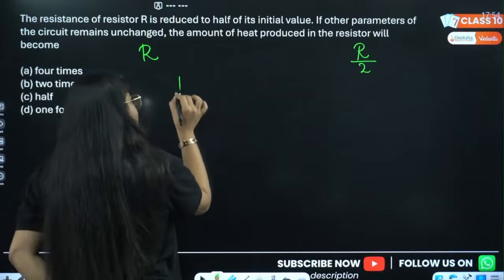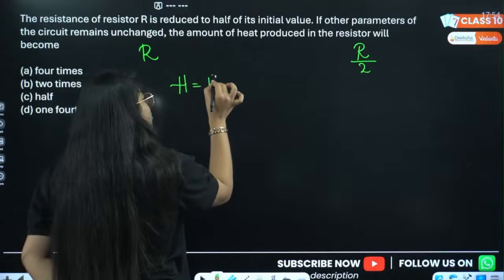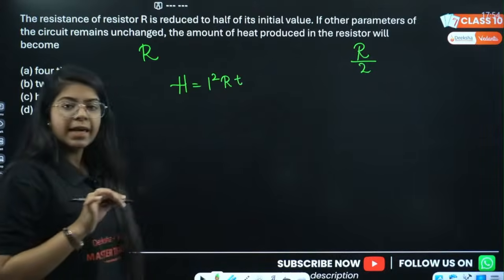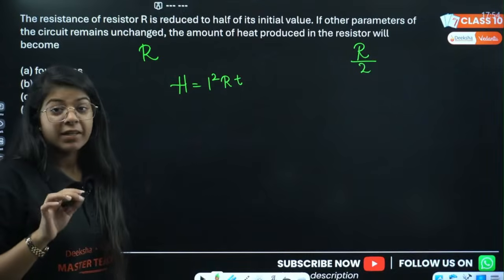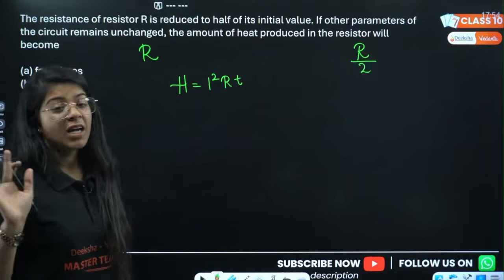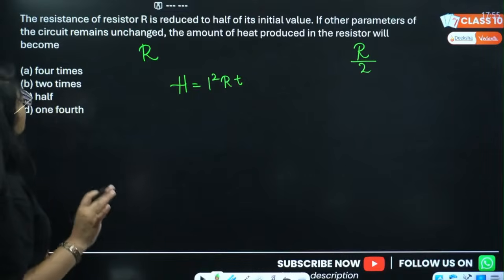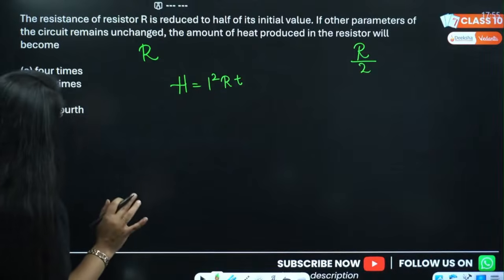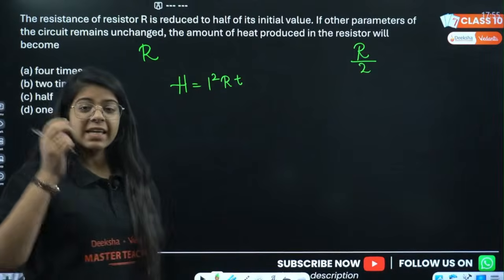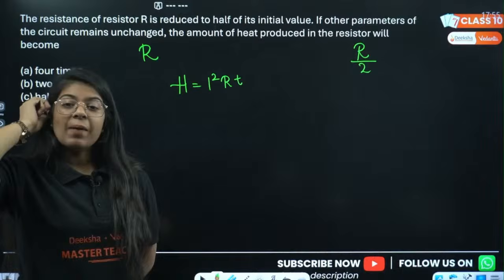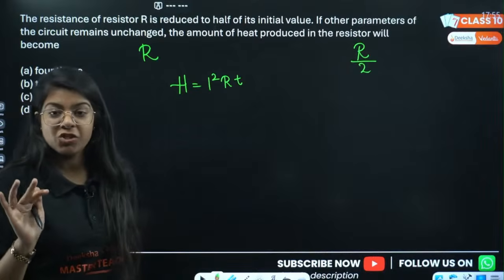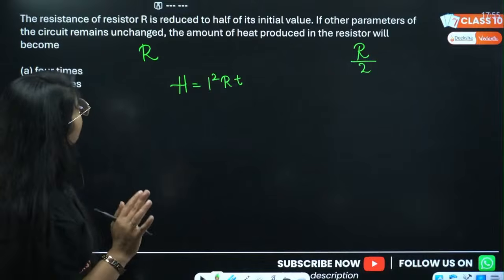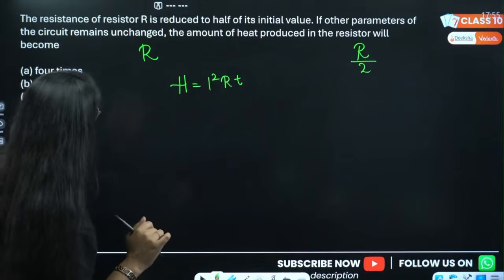Ma'am, this is simple. H equals I square RT. But you have to see here which formula to use. R is reduced to half, if other parameters remain unchanged. So here I think we'll be using the voltage formula. What do you think?